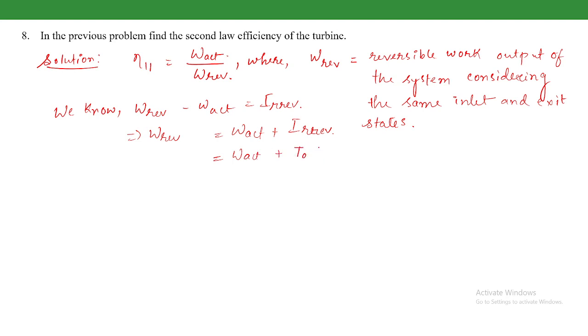Irreversibility is again T naught into entropy generated from the Gouy-Stodola theorem. So we can write it as W actual plus T naught, and entropy generated is what? Entropy generated is the net change in the entropy of the universe, that is the system plus surrounding.